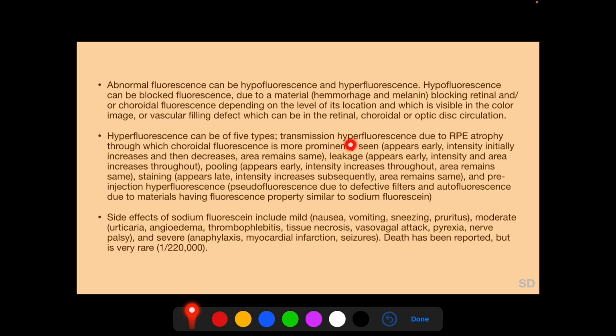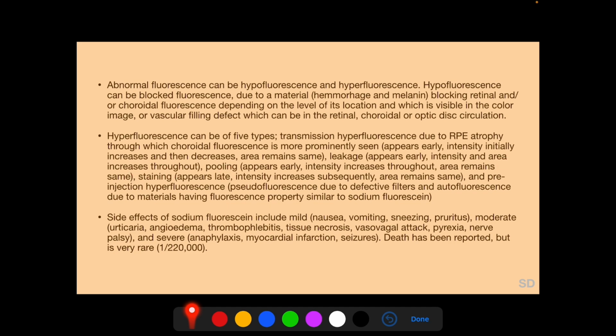Transmission hyperfluorescence due to RPE atrophy, through which choroidal fluorescence becomes more prominent, and this appears early in the angiogram with its intensity initially increasing and then decreasing, but its area remains the same. Leakage, which also appears early in the angiogram but whose intensity and area both increase throughout the angiogram.